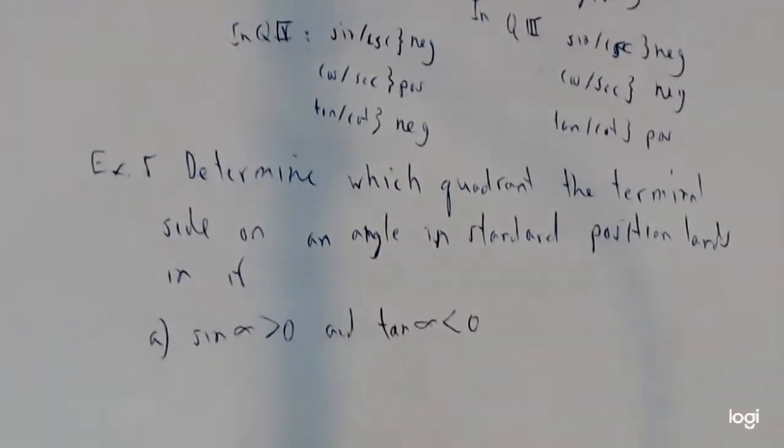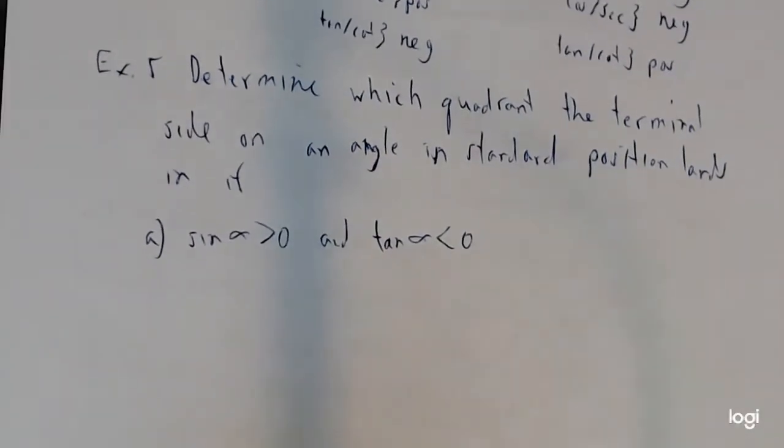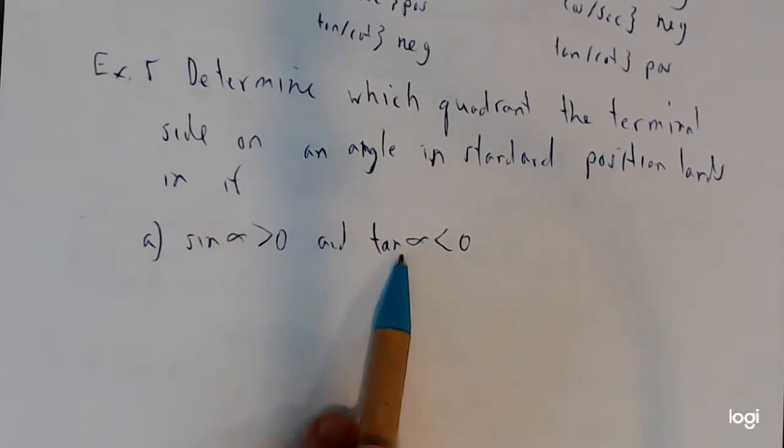Okay, so notice the only information that we're being given is what? Sine is positive and tangent is negative.